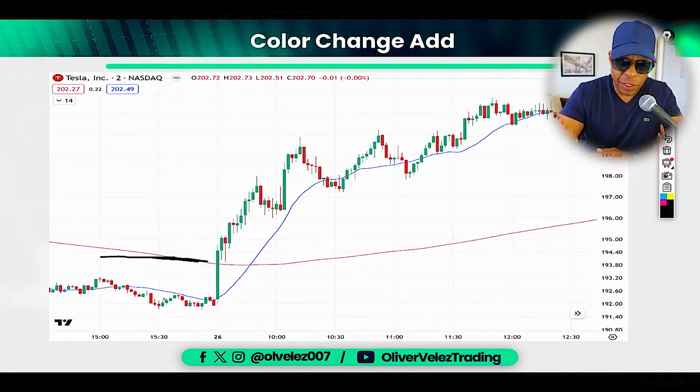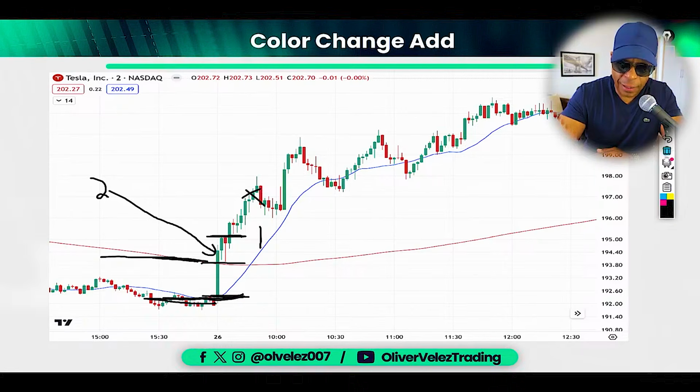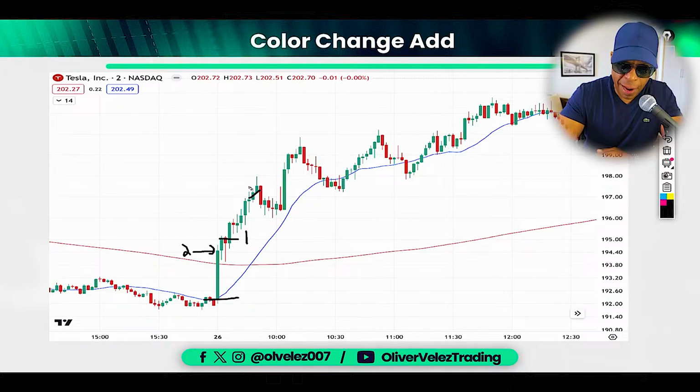Look at Tesla again. Look, here's my state. Power bar entry, stop, color change, add, profit take. Let's make this cleaner. Power bar, add, stop, color change, profit take.